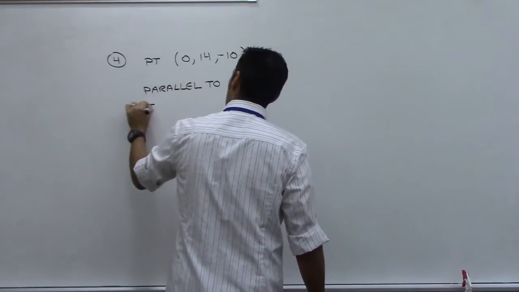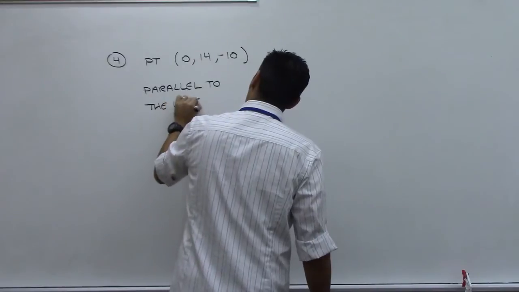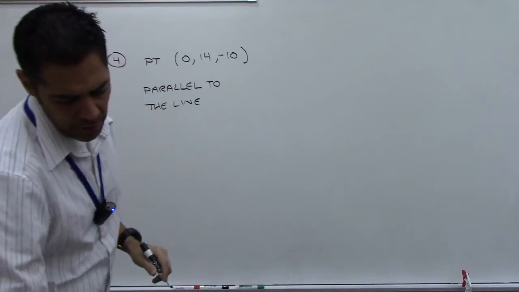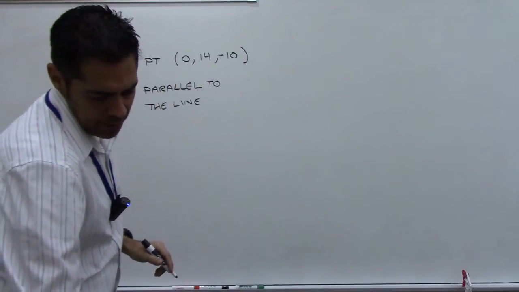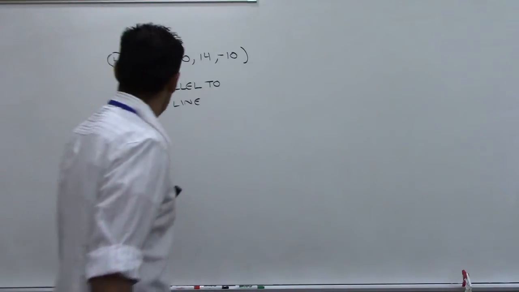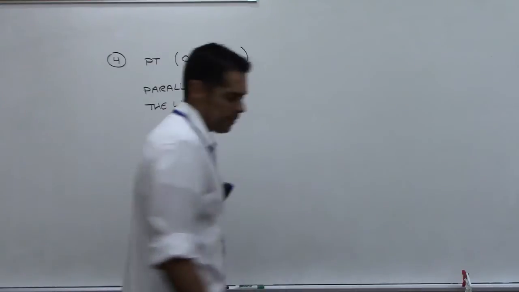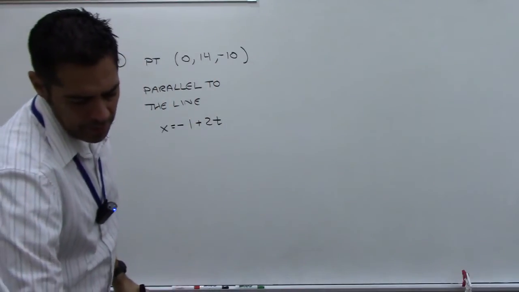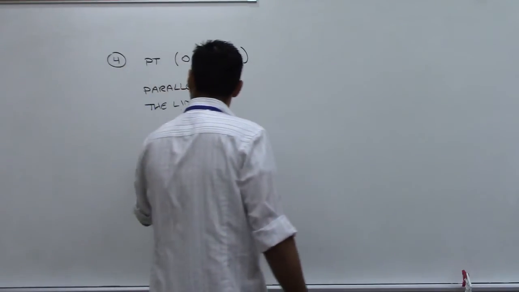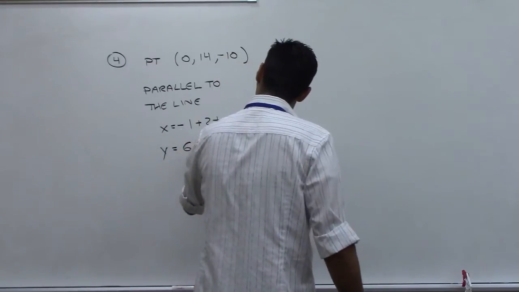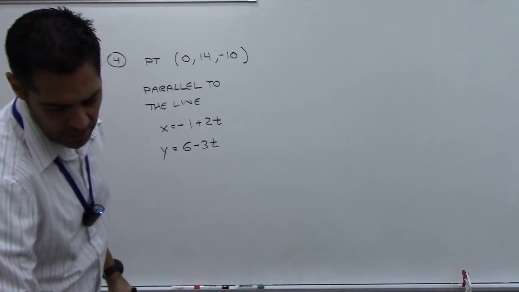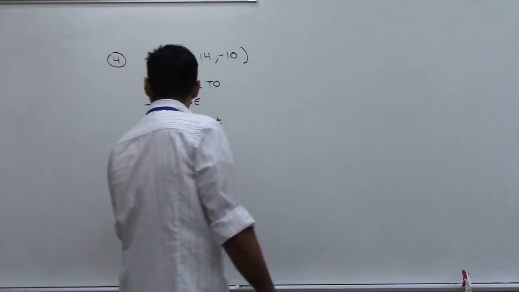to the line, and then they give you the parametric equation of another line. So x is negative 1 plus 2t, and y is 6 minus 3t, and z is 3 plus 9t.